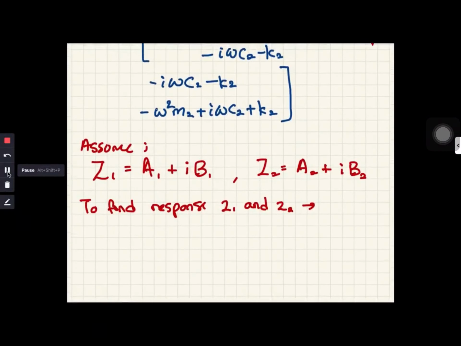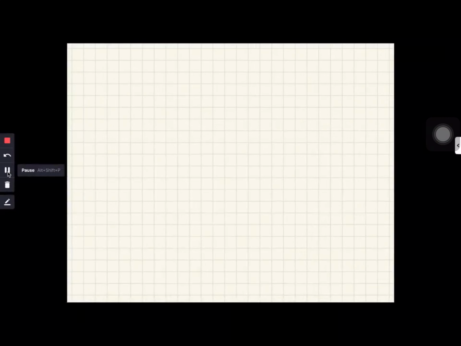we need to add another page, so this will be a bit long again. This is small z, the response: small z1 equals capital Z1 exponential i omega t, the previous definition that we had.